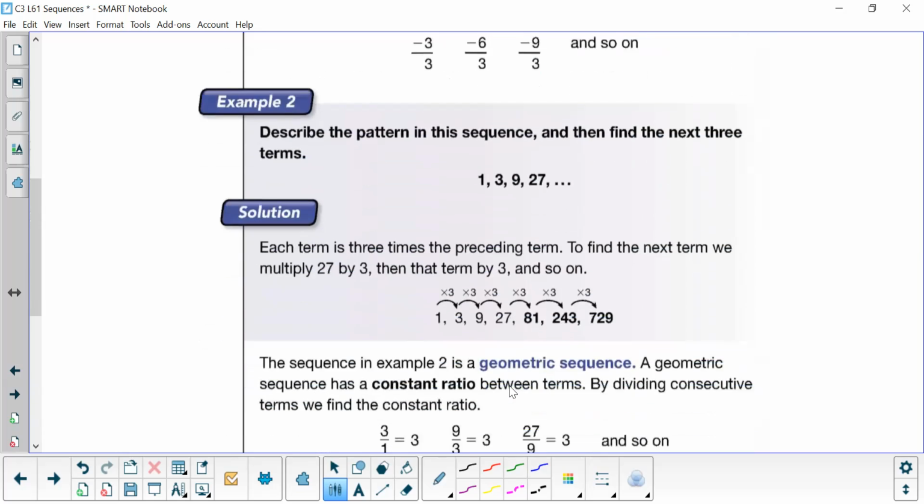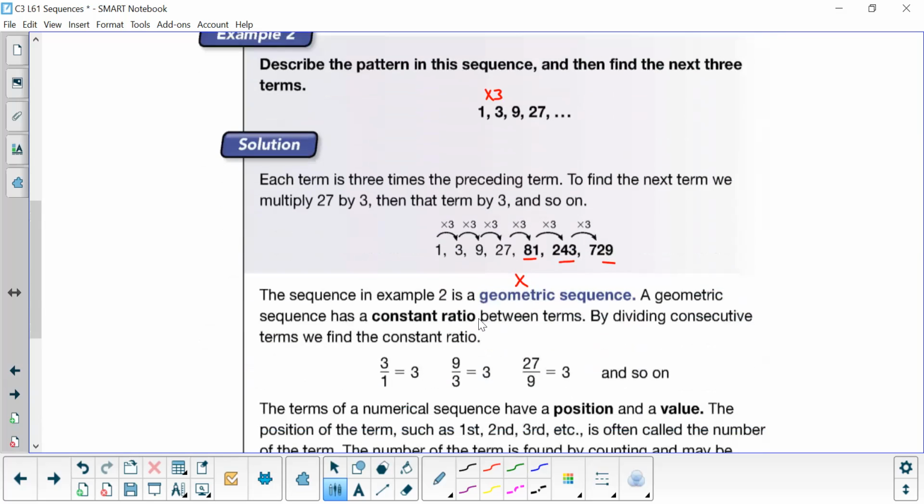Another type of pattern is this one where I have 1, 3, 9, 27. I'm not adding 3 this time, I'm multiplying by 3. Not every pattern is going to have 3 in it, just the 2 that we're looking at today. But I'm multiplying by 3 each time to get my additional terms down the line. This is called a geometric sequence, where I'm multiplying. And when I have a geometric sequence, I have a constant ratio.